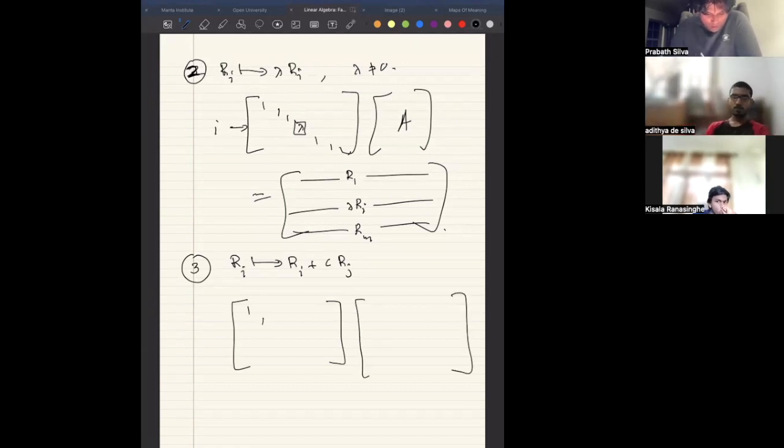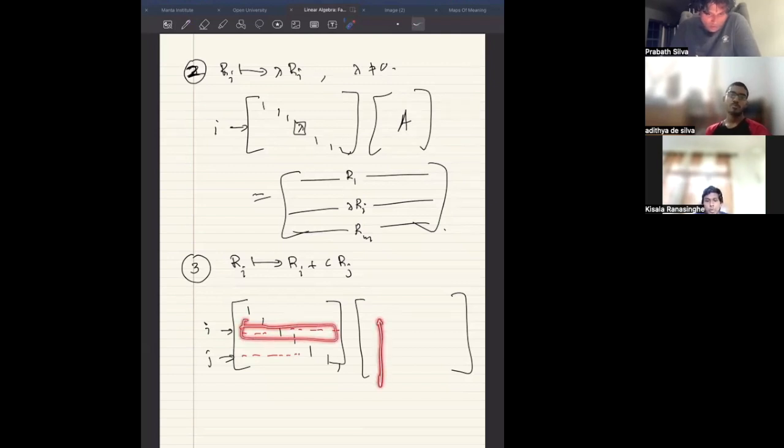We have all ones on the diagonal. Let's say this is i and this is j. Remember when you multiply, you take this row and it goes in here. And when you have 1, that's going to pick up this row.